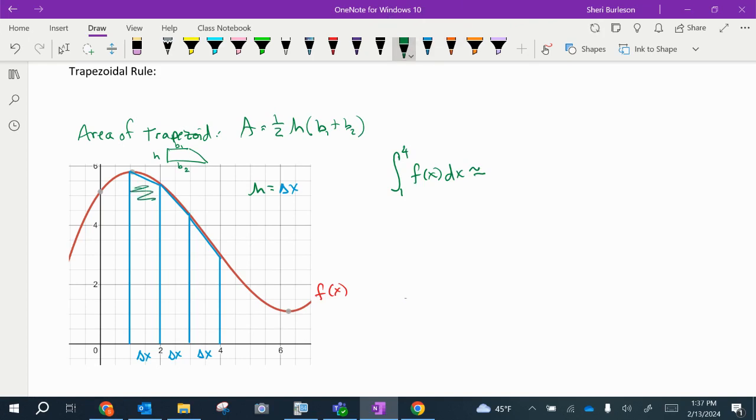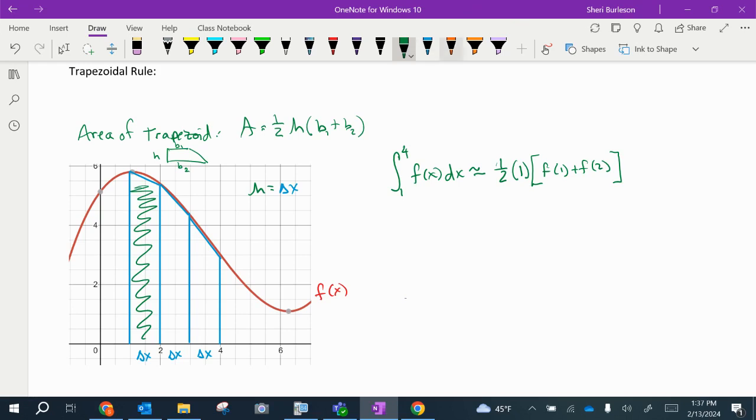For this trapezoid, I'm going to take 1/2 times my delta x, which is the height, which is 1. And then I'm going to multiply by f of 1, which is base 1, and f of 2, which is base 2.